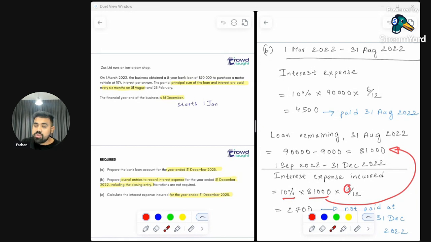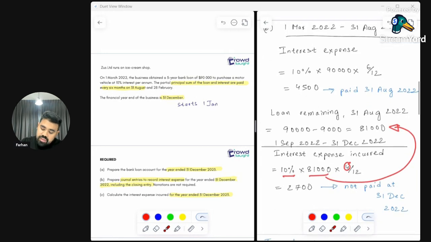How is that so? September, October, November, and December. So that's 4 months. So here we are apportioning the 10% annualized rate into a 4-month calculation. Okay, so that gives us $2,700 as the interest expense we would incur in between these 4 months, starting 1 September 2022 and ending 31 December 2022.